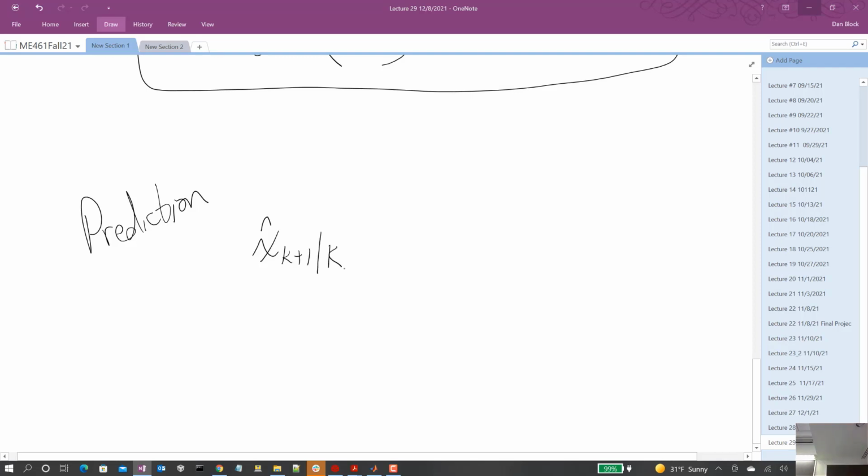These subscripts are a little confusing. But the way I read this is, it's giving me my next step prediction given previous information, right? Giving one step back information. That is equal to what we predicted last sample, and then for our simple equation, minus T times vk.